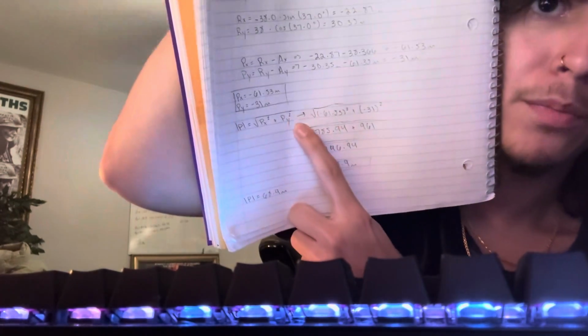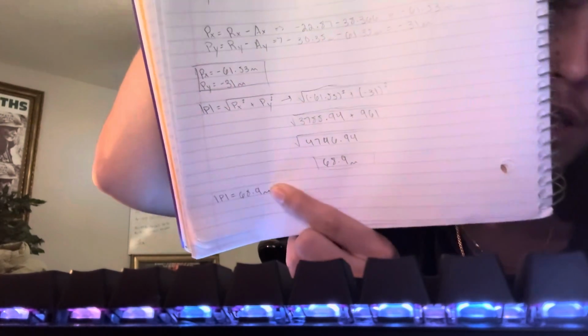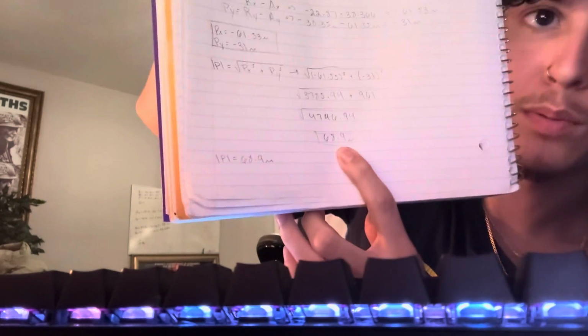So here, I just set up the Pythagorean theorem, substituted in our values, and then used the calculator to help us solve it. And that left us with 68.9 meters. And that is the answer to that part of the problem.